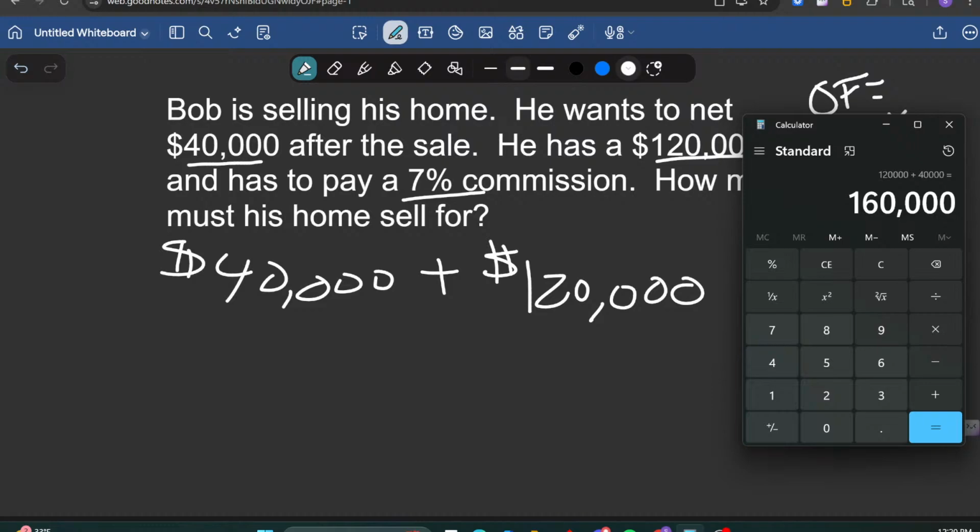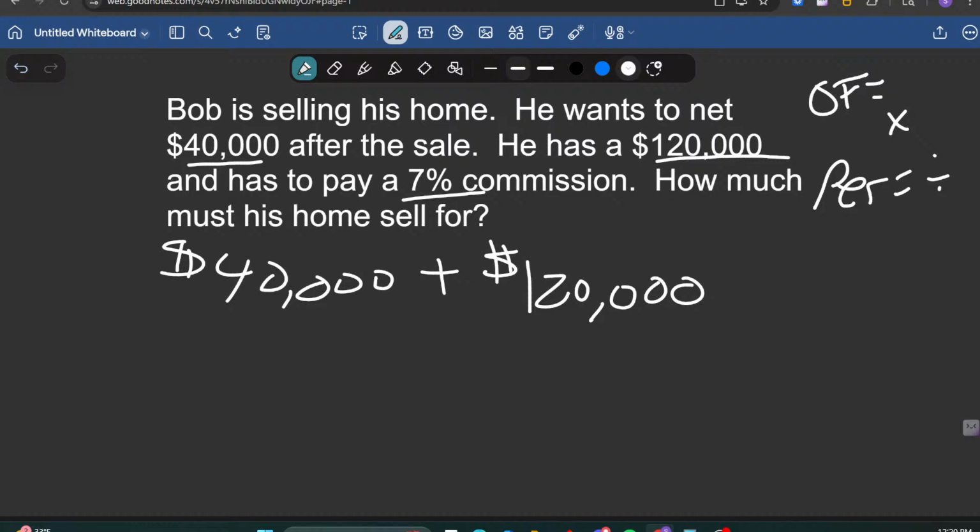That's why a lot of my math videos are more about conditioning you into good habits, so you go in there with the tools, tips, and tricks to set you up for the most success in that math section. So it's going to be 160,000.